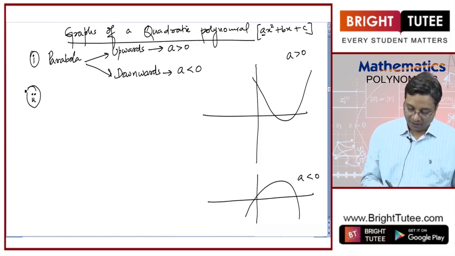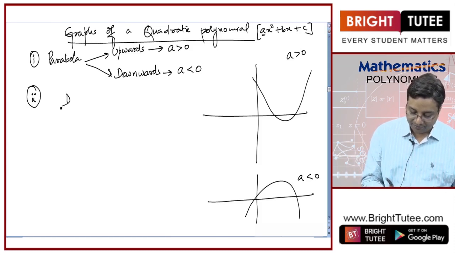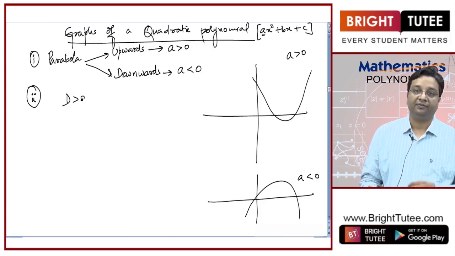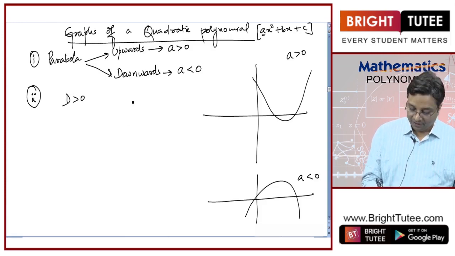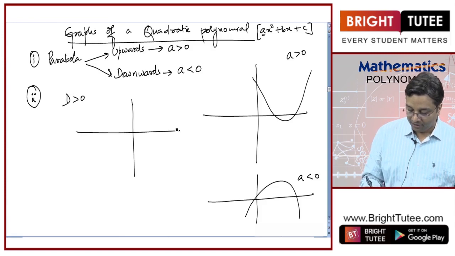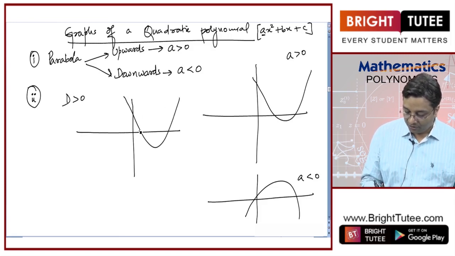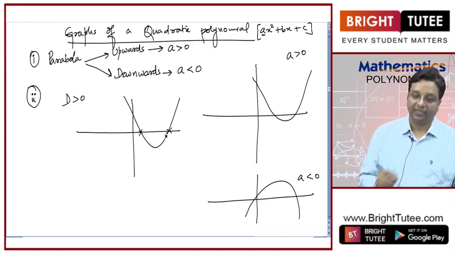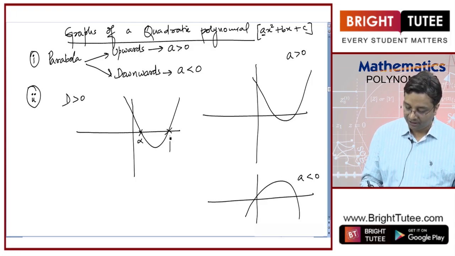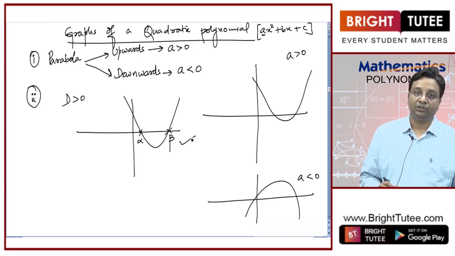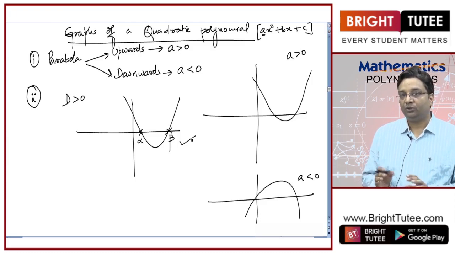if the discriminant is greater than 0, it will have two real roots. If the discriminant is greater than 0, it will cut at two places on the x-axis. Let's say this place is alpha, this place is beta. It will have two distinct roots, or cut at two distinct places.